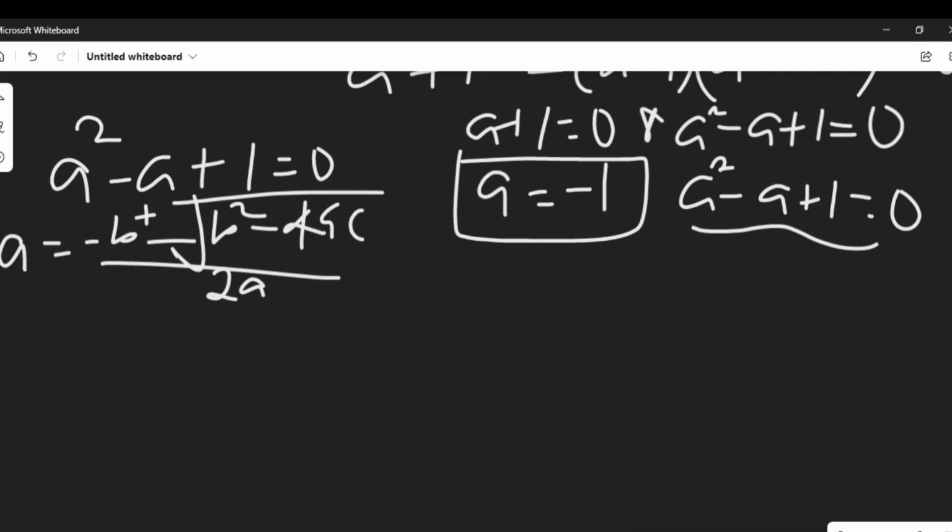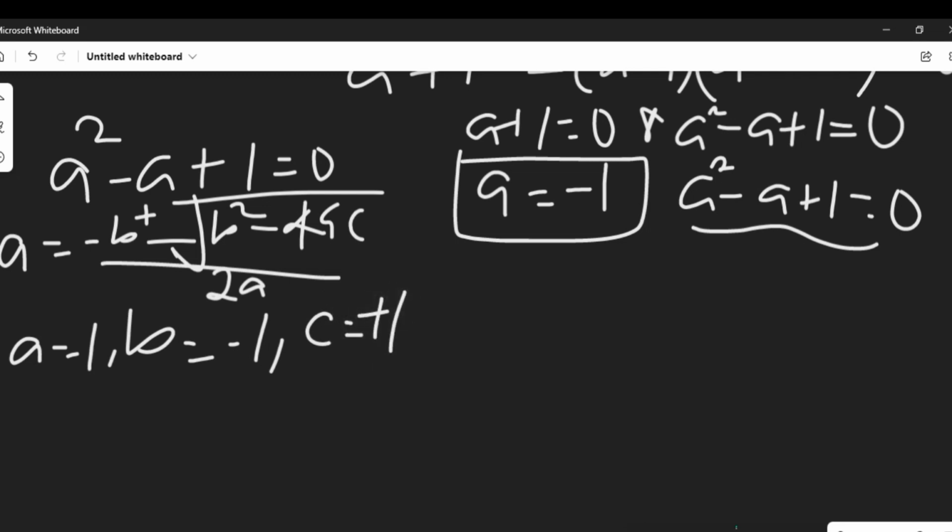So having gotten this formula, if we compare it with that equation, we'll find out that our a is equal to 1, our b is equal to minus 1, and our c is equal to plus 1, or 1.